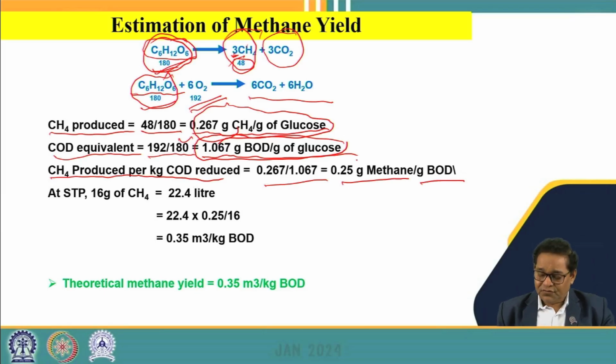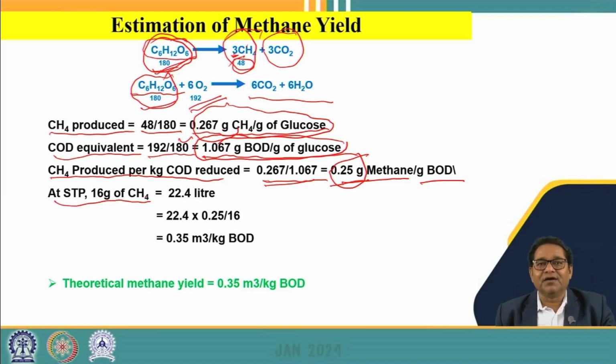So this comes to around 0.25 gram, because 0.267 gram of methane will be produced per gram of glucose, and its equivalent BOD or COD load is 1.067. If we divide 0.267 by 1.067, we get 0.25 gram of methane produced per unit weight of BOD.